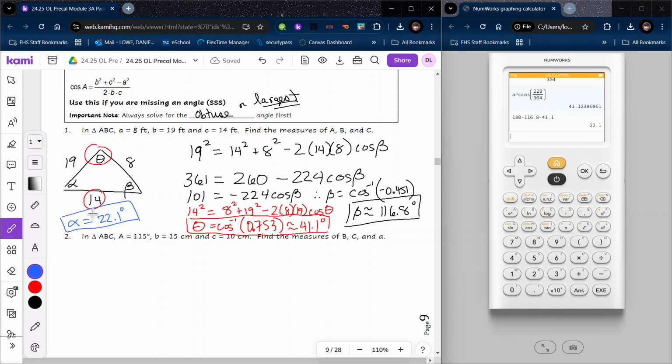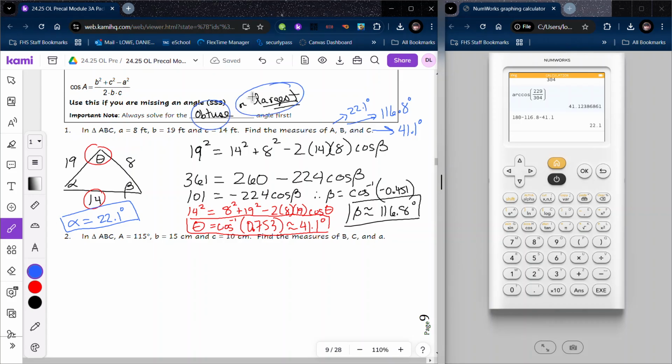Angle A is 22.1 degrees. Angle B is 116.8 degrees. And angle C is 41.1 degrees. Once again, always solve for the obtuse or the largest angle first, if you are given all three sides.